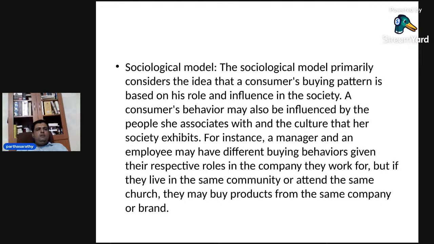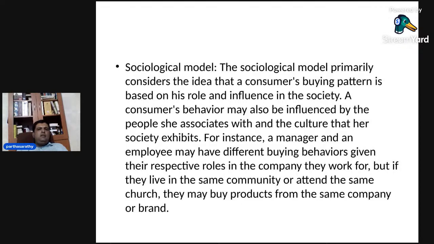This sociological model's main focus is how consumer behavior may be influenced by the people we associate with and the culture that our society exhibits. In India, that cultural influence, every other country also, but I am taking the particular example of India. The cultural influence on the buying behavior is very important.